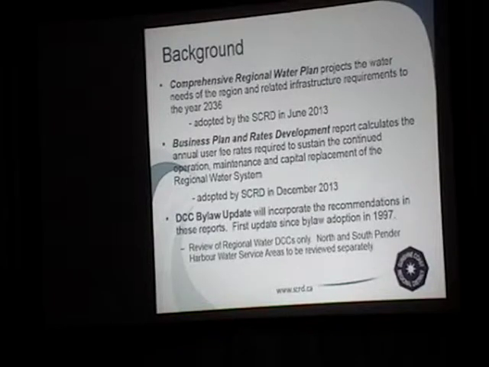What that looked at was a 25-year planning horizon on our water system today, projecting what the growth is going to be over those 25 years and what the water needs are going to be then, and then mapped out a plan on how we're going to deliver that water. So it identified all the large capital projects that we're going to be needing in the next 25 years. And those capital projects feed into the DCC plan.